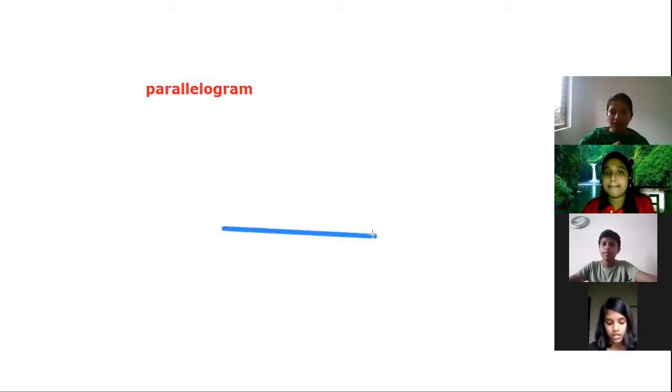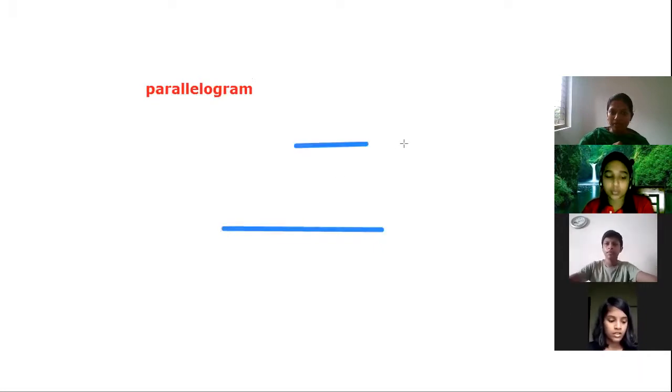So, I'm just drawing here a parallelogram. Is this a parallelogram? No, these are two parallel lines only. So, to make this a parallelogram, we have to close this figure.